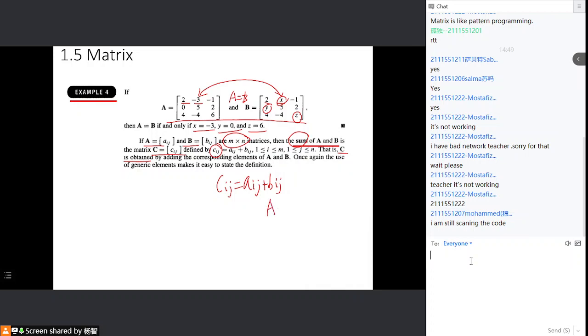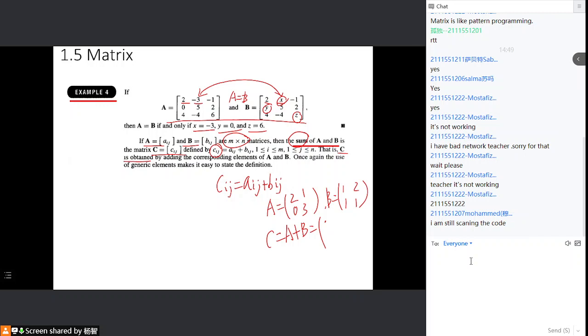Okay, I will give you an example. If A equals 2, 3, 0, 1, and B equals 1, 1, 2, 1, and C equals A plus B, please give me the answer. This element is equal to what?